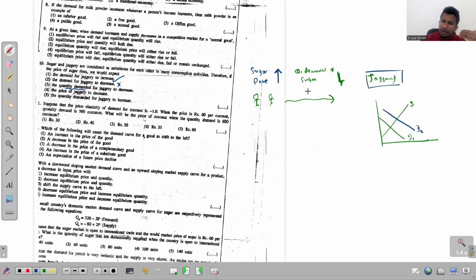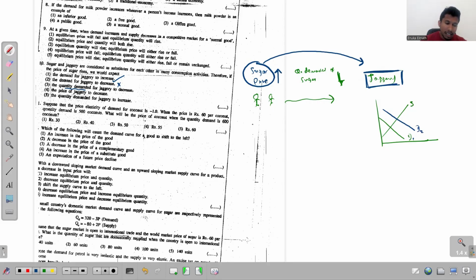So in this case also, we are just evaluating the impact on jaggery when the price of a substitute changes. So it will not influence the quantity demanded of jaggery, but the demand for jaggery.